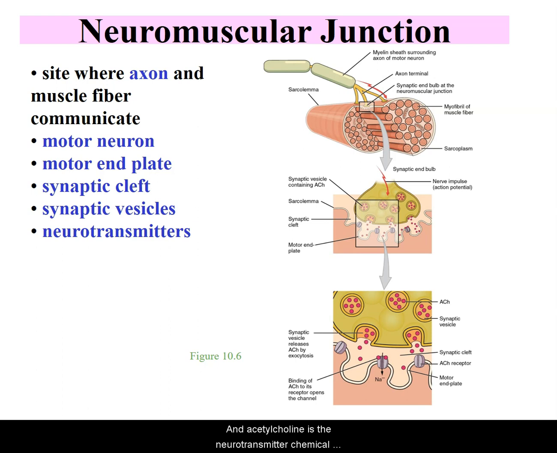And acetylcholine is the neurotransmitter chemical allowing the neurons to communicate with each other, causing muscle contraction or a neuron to fire. Okay, so we talked about neurotransmitters being excitatory or inhibitory. Inhibitory would block the nerve impulse, and excitatory would take you closer to a nerve impulse.